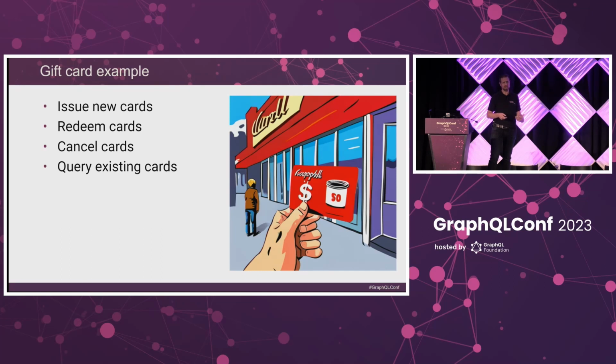Once you create a card that has a certain value, you can redeem a card, so the card should already exist, and there should be enough value left. You can also cancel cards, and if you already canceled a card and then try to redeem it, it should also fail. And of course, you can also use queries to see what cards are there, what their values are, and when they changed.